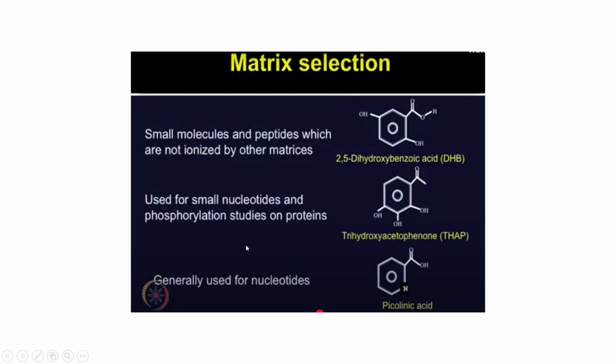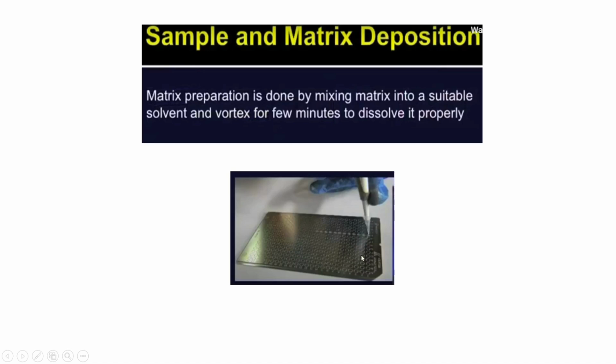And for nucleotides, picolinic acid is used. So this is how the plate looks, a 96-well plate, and this is how small a volume you require for doing the proteomic analysis using MALDI-TOF or determining that specific protein.